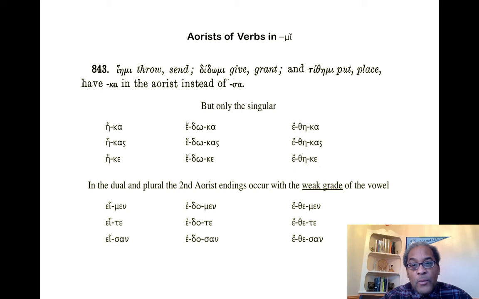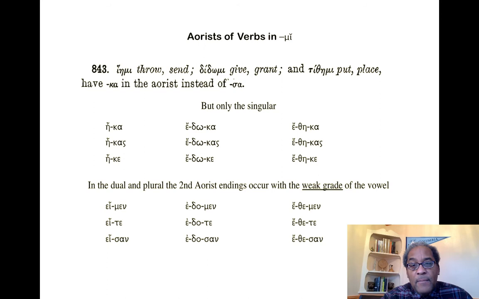But in the dual and the plural, these second aorists show the weak grade of the vowel. So eta becomes epsilon iota: heimen, heite, heisan. In didomi, we get edomen, edote, edosan.